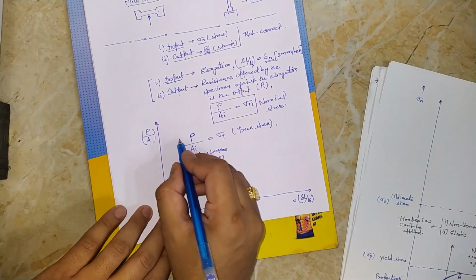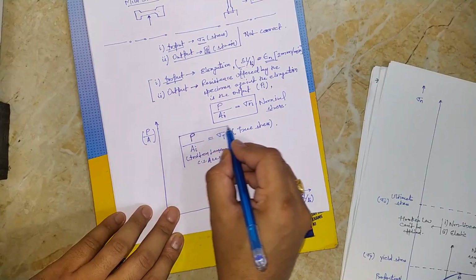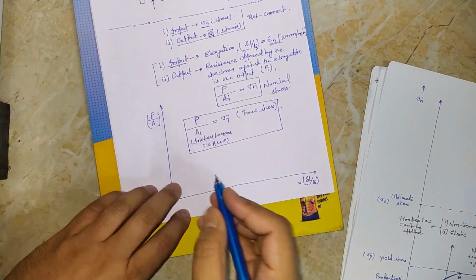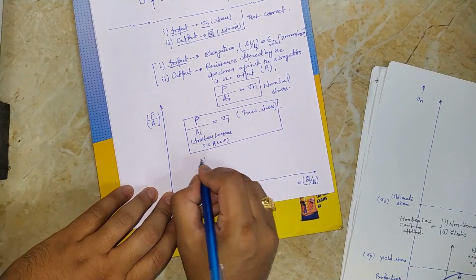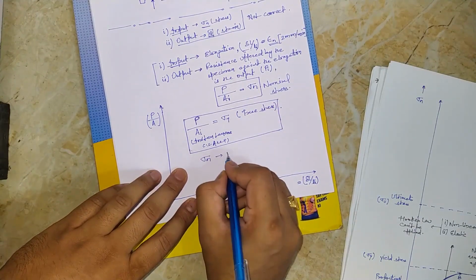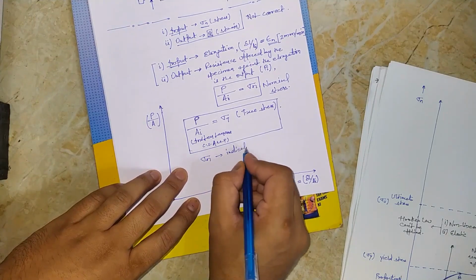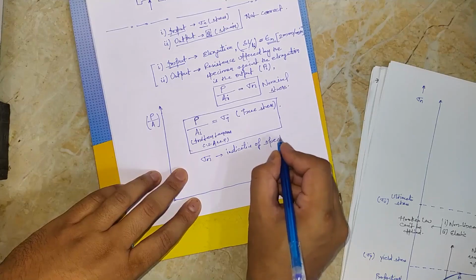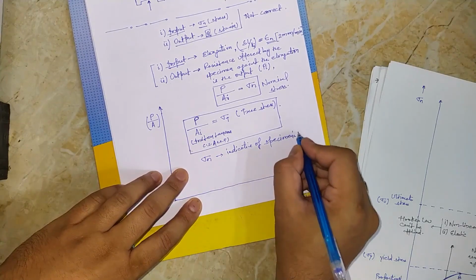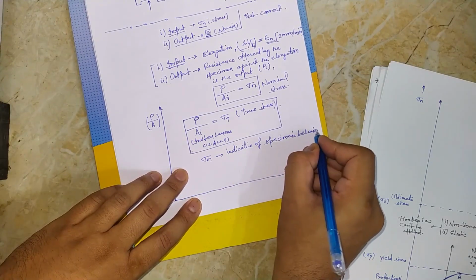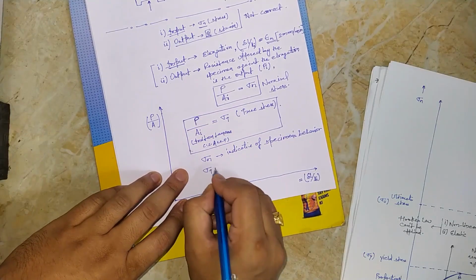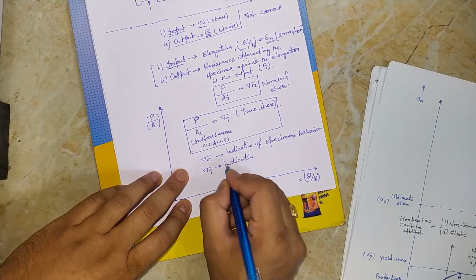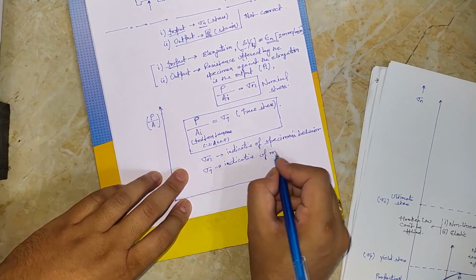Now, one more point is to be made very clear, which people also have confusion about. Nominal stress is an indicative of the specimen's behavior, and true stress is an indicative of material behavior.